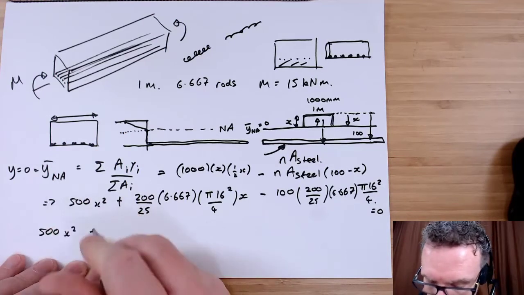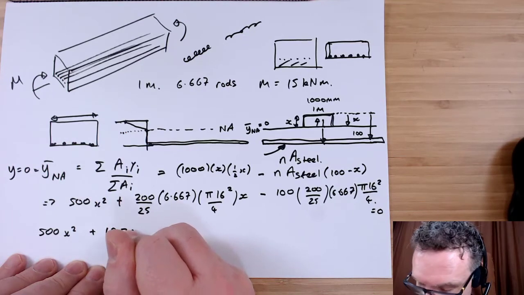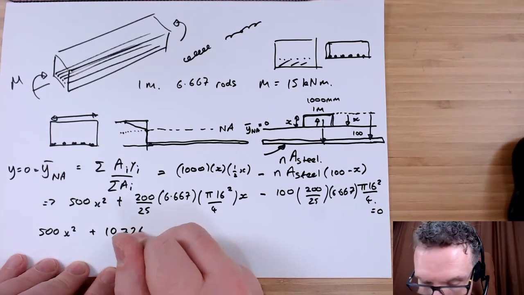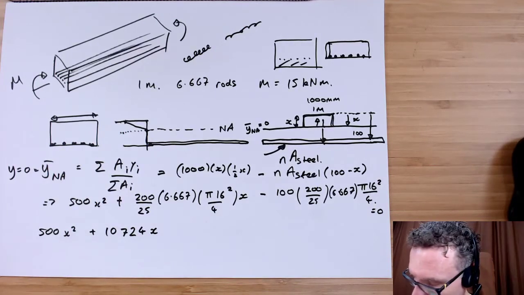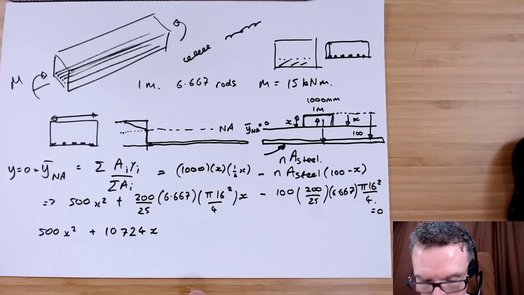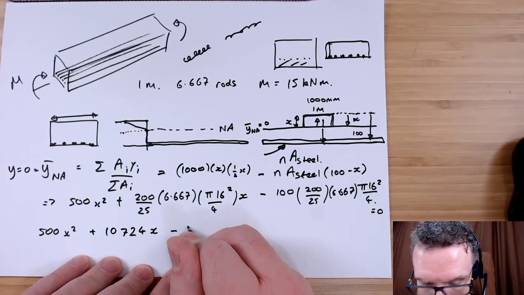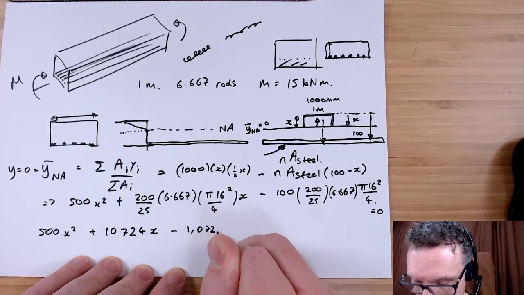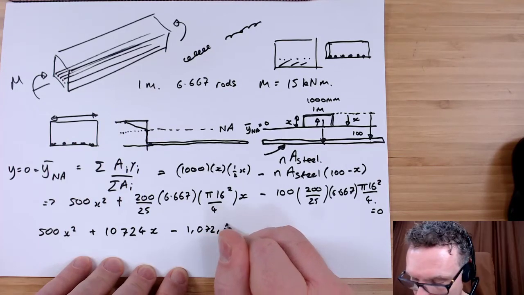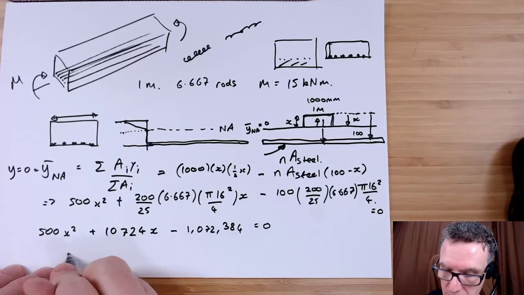So plus 10,724 x multiplied by 100. Because minus 1,072,384 equals 0. So let's find out what x is.